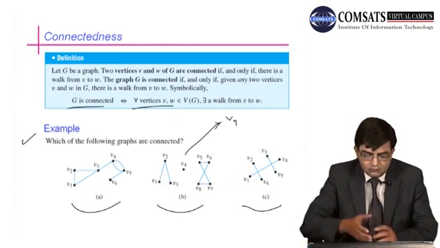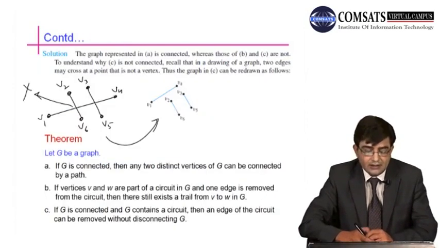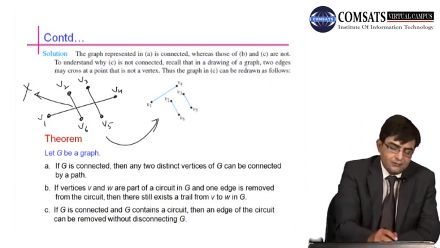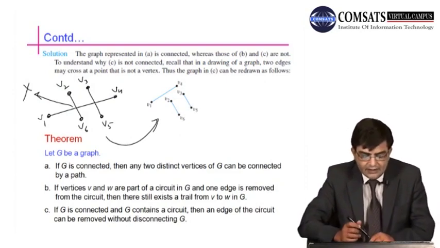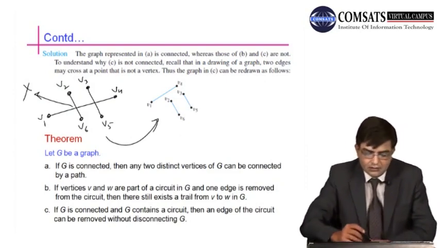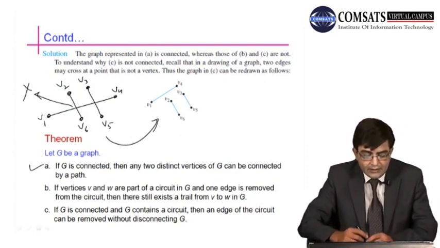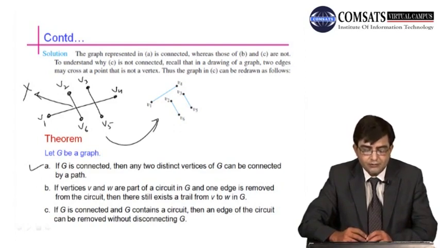Now there is a result relating to connectedness, which is a theorem. Let G be a graph. I don't include the proof of this theorem here; you can see it in the book Discrete Mathematics by Susanna. If G is connected, then any two distinct vertices of G can be connected by a path.